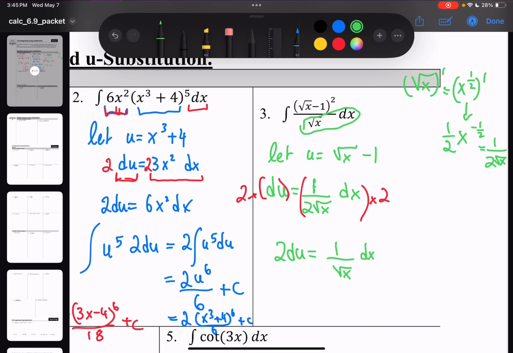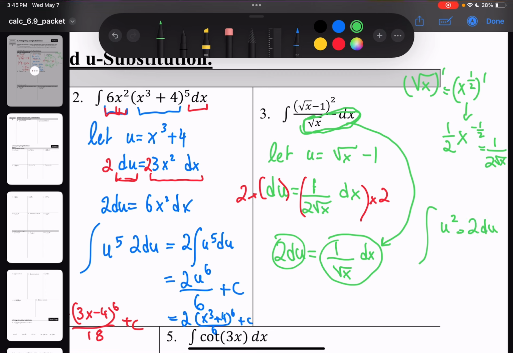Now it perfectly represents this. So now I'm going to do the integration. Instead of square root of x minus 1, I'm going to replace it with u, so u to the power of 2, and instead of 1 over square root of x dx, I'm going to replace it with 2 du.